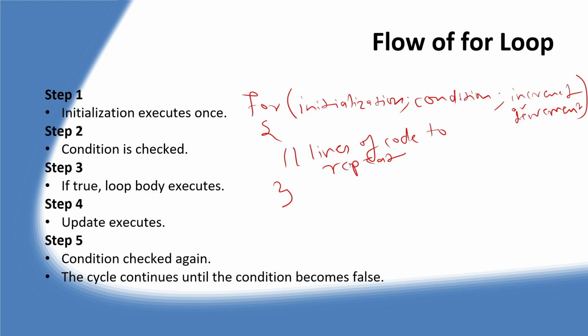This is the syntax of a for loop. Now, this is the execution flow: how the code will flow in a for loop.